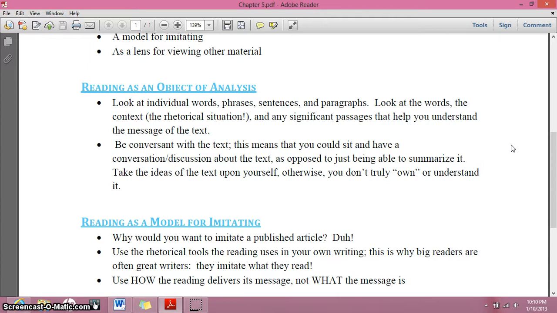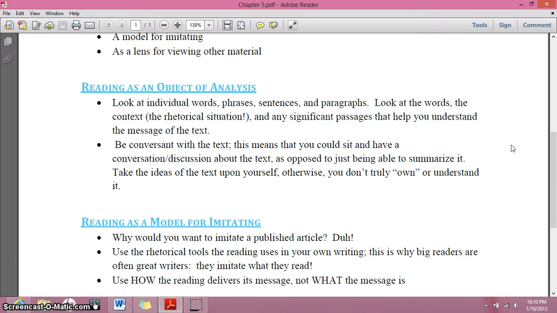And when you look to a reading as a model, you're looking at how that reading is delivering its message, not what the message says. Okay, so it's beyond looking at an article as an object of analysis. Okay, so this is a step up from that. That's how you move past analysis and say, okay, I've analyzed something, but I'm no longer concerned with what's going on.